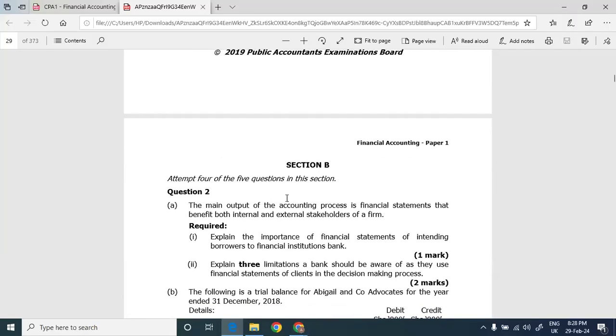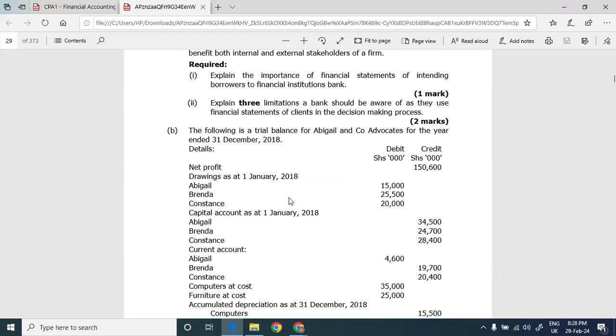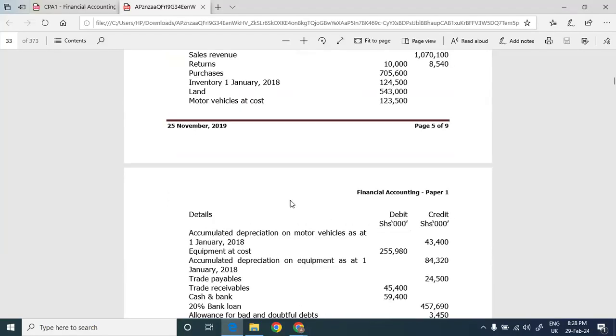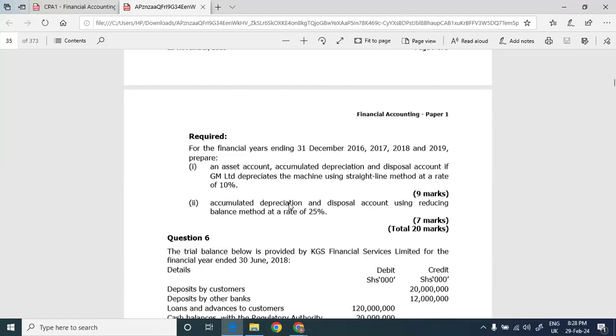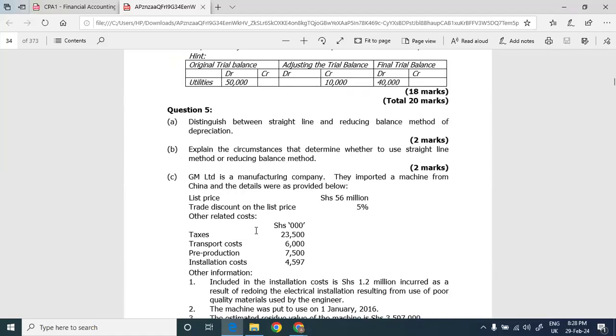Yeah, November 2019. Question number 5. They are telling you to distinguish between the straight line method and the reducing balance method. You give definitions. They are asking you and explain circumstances that determine whether to use straight line method or the reducing balance method. Are we together?